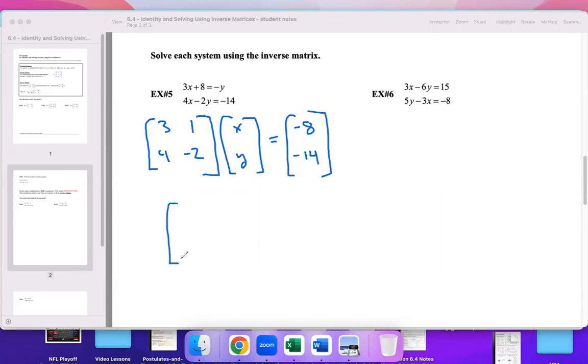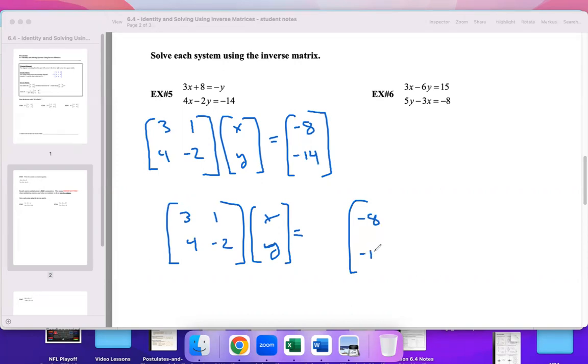All right, so 3, 1, 4, -2, X, Y. Now what I'm going to sneak in here is this.